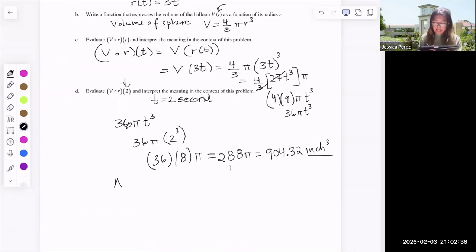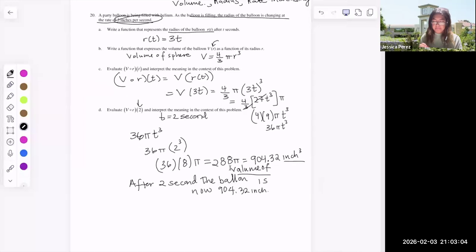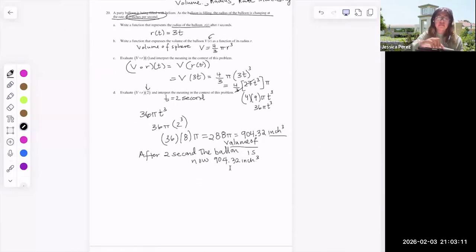So this means that after 2 seconds, the volume of the balloon is now 904.32 in terms of the volume, cubic inches or inches cubed. And that's what represents this question.